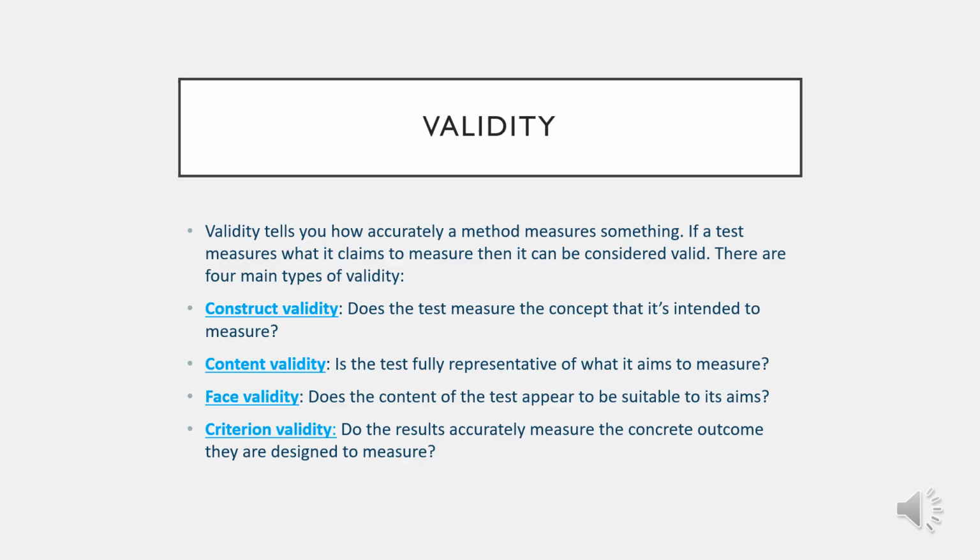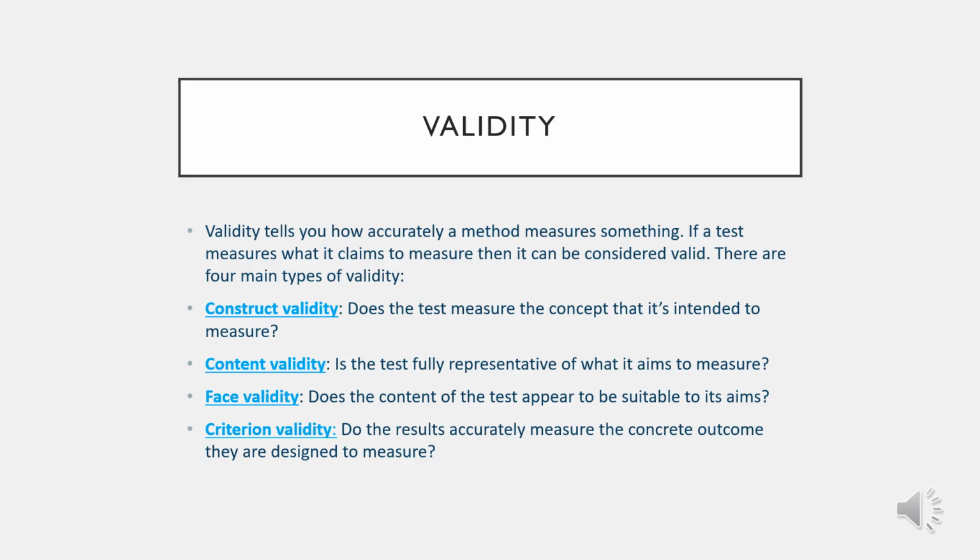And the last type of validity is criterion validity. And this is where a lot of neuropsychological and cognitive tests actually score fairly lowly. So do the results accurately measure the concrete outcome? So we might have a very reliable and ostensibly valid memory test, but it might not relate to actually what this person's memory is like on a day-to-day basis.